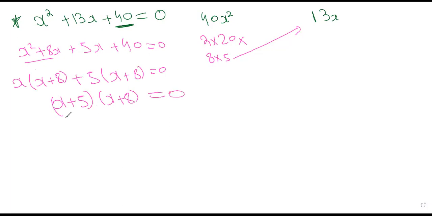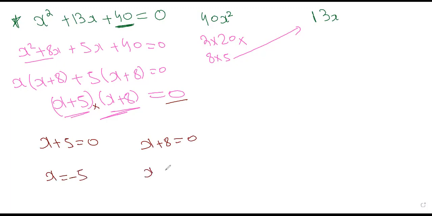Now we have two factors that are being multiplied, and they are equal to 0. How do we go about this? We can say x plus 5 equals 0 and x plus 8 equals 0, and this will give me x equals minus 5 and x equals minus 8. Did you understand this? Yes, ma'am. All of you?